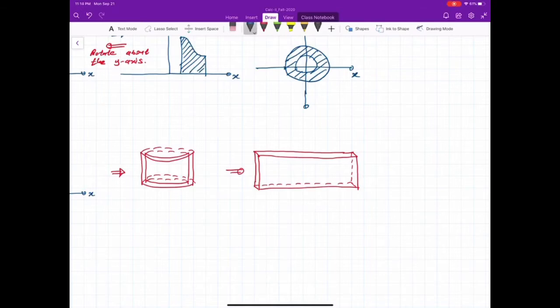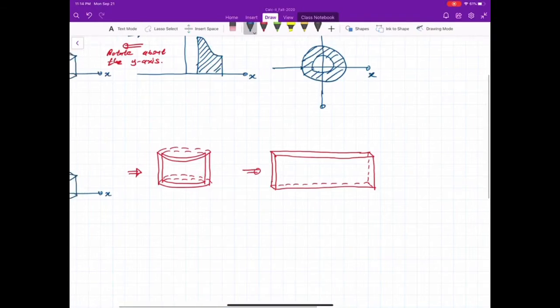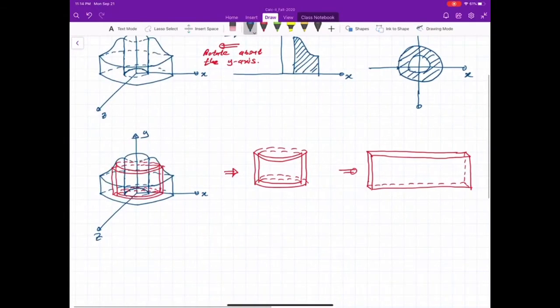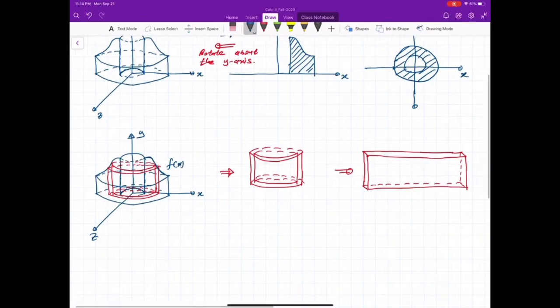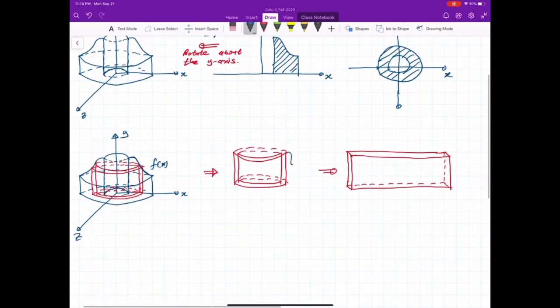For this box, you will be able to compute the volume. Let's say this function is f of x. If that function is f of x, this height is f of x.